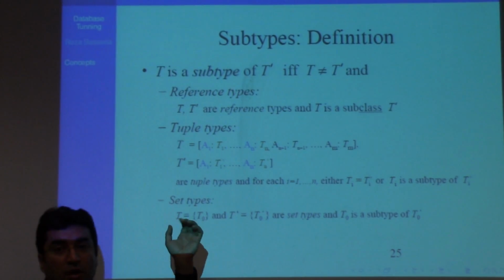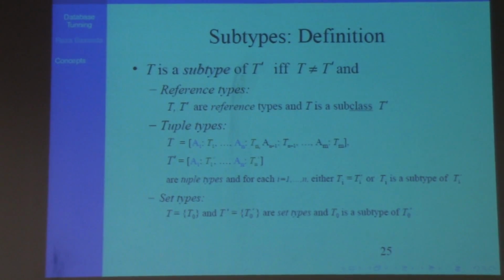When T and T prime are tuples, how do you distinguish that they are subtypes?